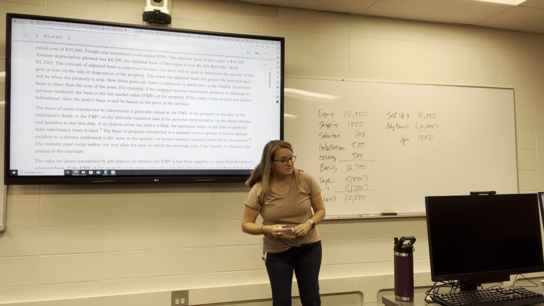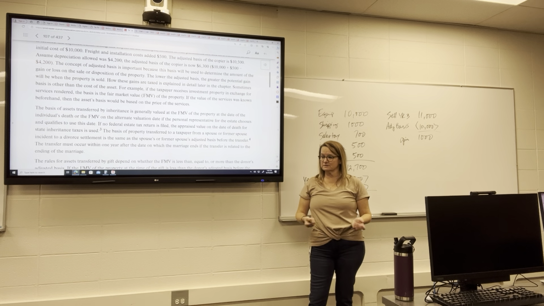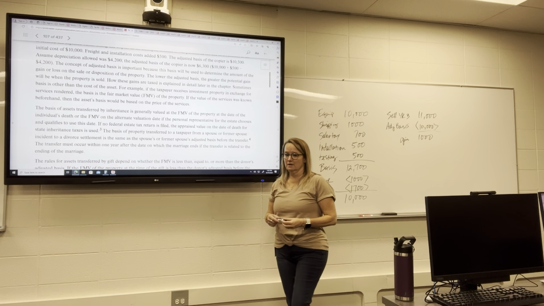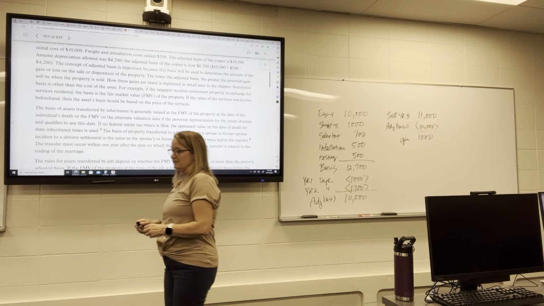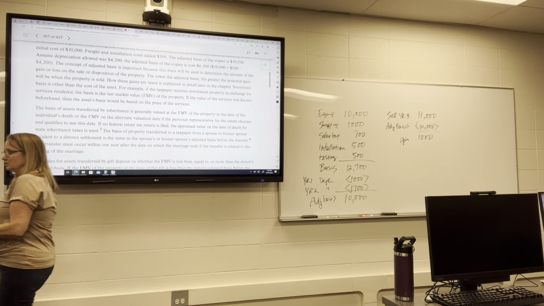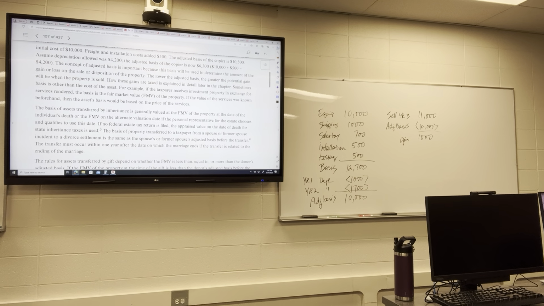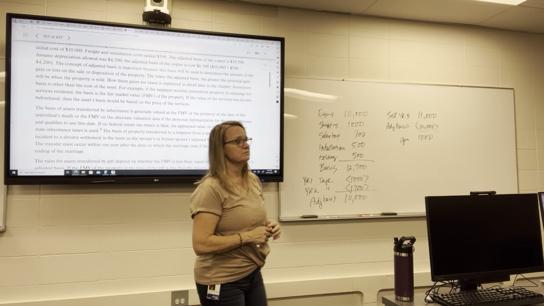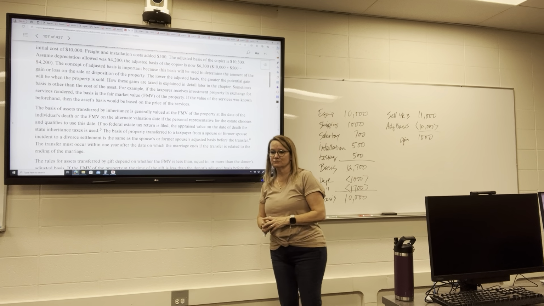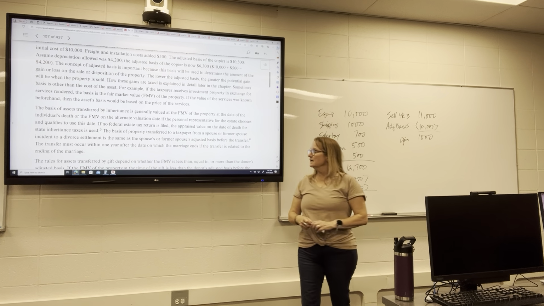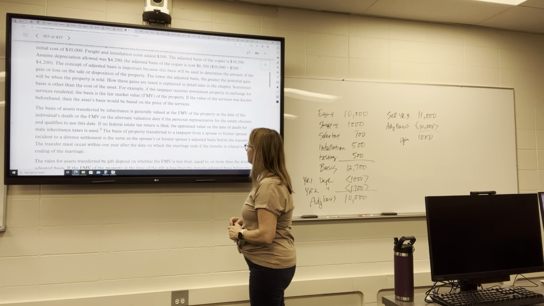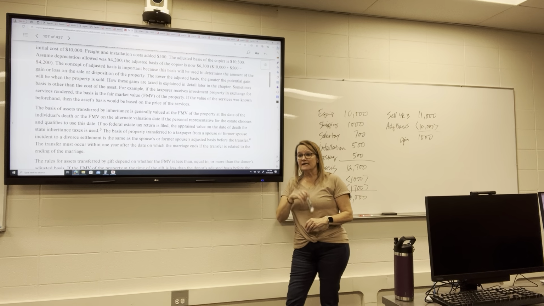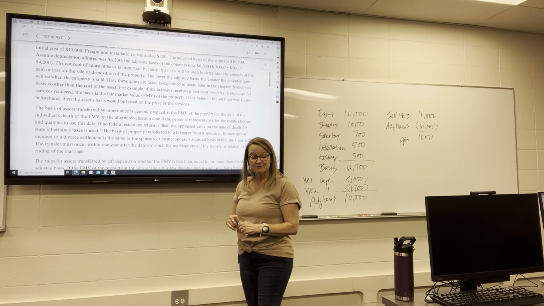If assets are transferred by inheritance, so grandma dies and leaves you her house. Grandma's had that house since 1972 and she paid $3,000 for it. That house is now worth $700,000. She owned it all that time and now it's worth $700,000. The basis of that asset, because you inherited it, is not the $3,000 that grandma paid for it.